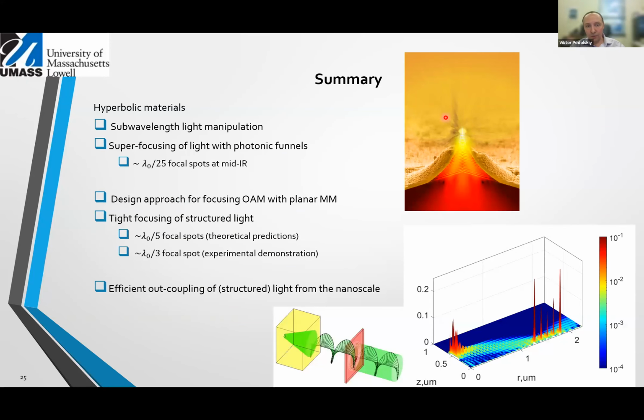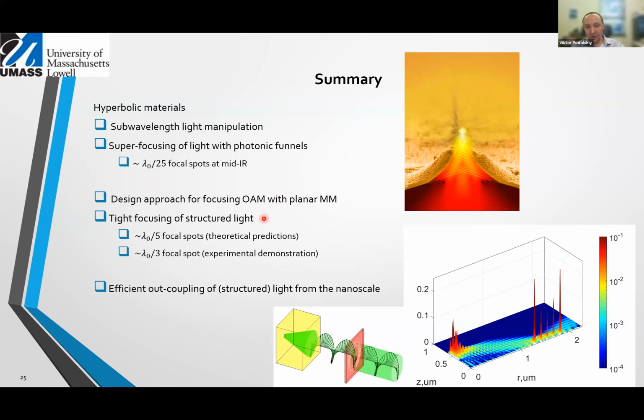To summarize, I talked about hyperbolic materials, and I talked about manipulating light with these structures to focus unstructured light with the photonic funnels. There I showed that light can be focused down to about 200 or 300 nanometers, which is 1/25 of the operating wavelength. I then talked about the design approach, how to utilize hyperbolic materials to focus light with optical angular momentum.